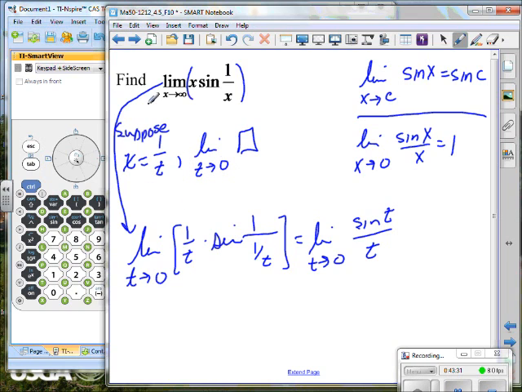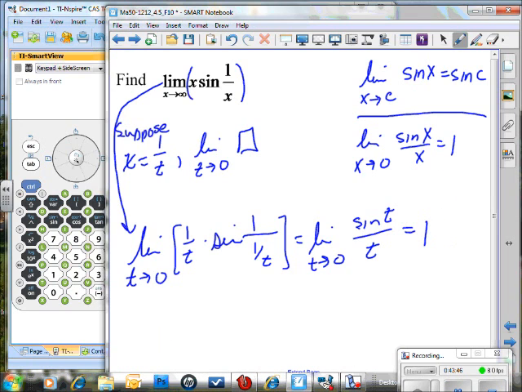As the input's going to infinity, t would have to be going to 0 in order for that to happen. Now can we see our way to the second theorem that we have here? This would be equal to 1.